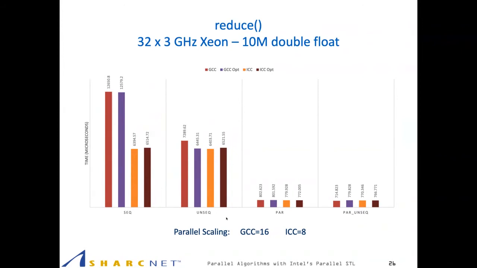But the par OnSec is not better than the par. So reduce can also benefit from the unsequenced policy, actually for GCC, not Intel. For Intel, the sequential and unsequential are the same.